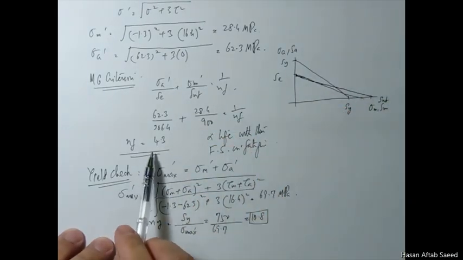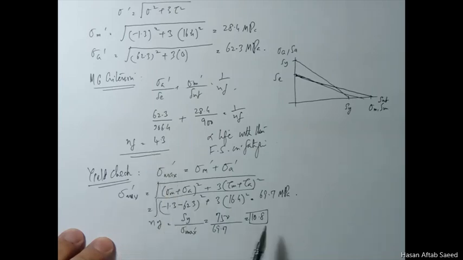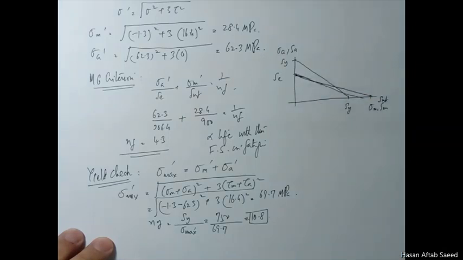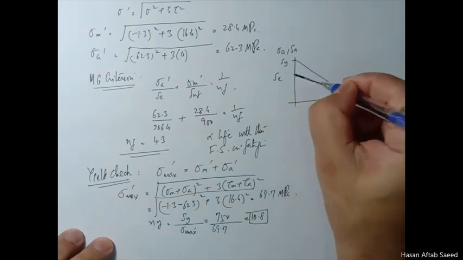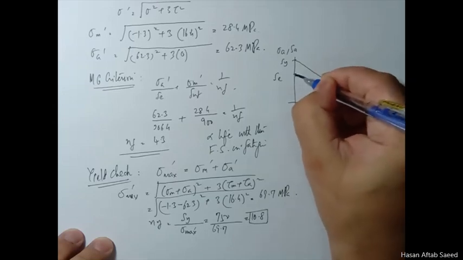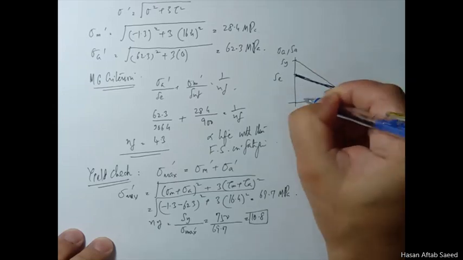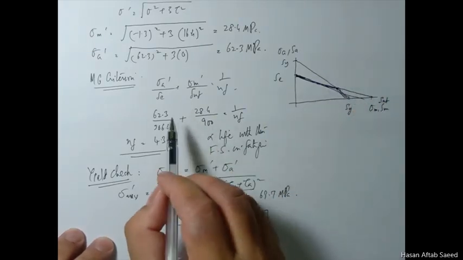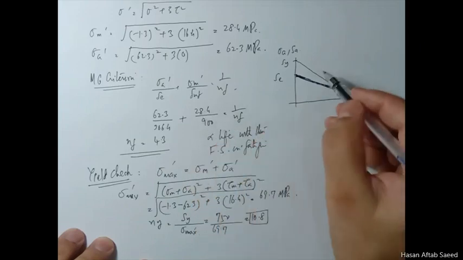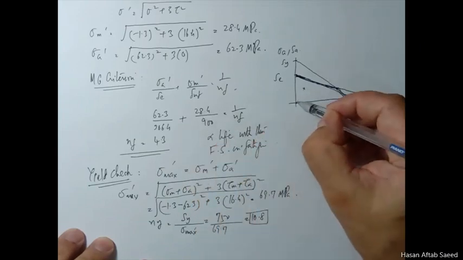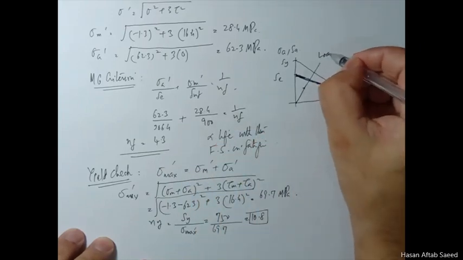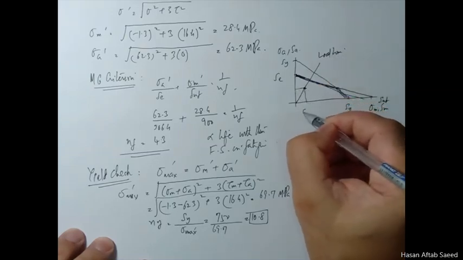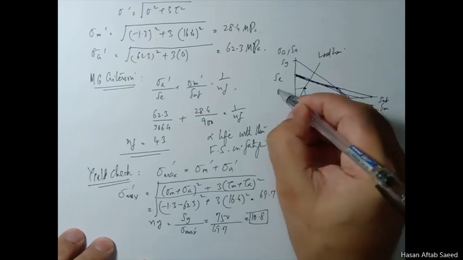Because your factor of safety in fatigue is smaller than in yield, it will cut somewhere along here, not there. So your effective failure envelope is this one. It won't pass here, it will pass somewhere around here. So your point plots somewhere, where the sigma a value is greater than this, somewhere around here. So this is your load line, and this is your sigma m prime, in this case sigma a prime.